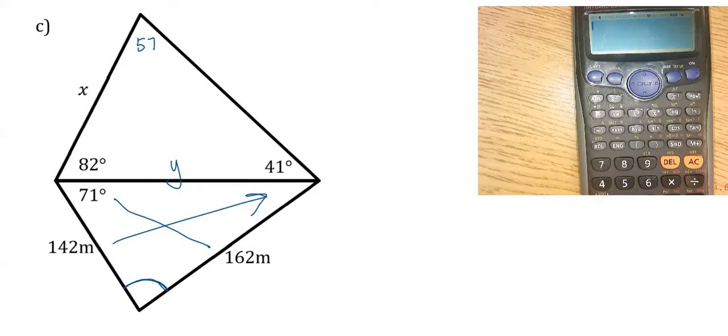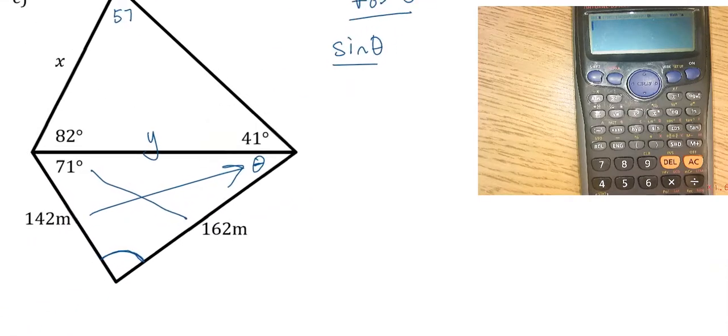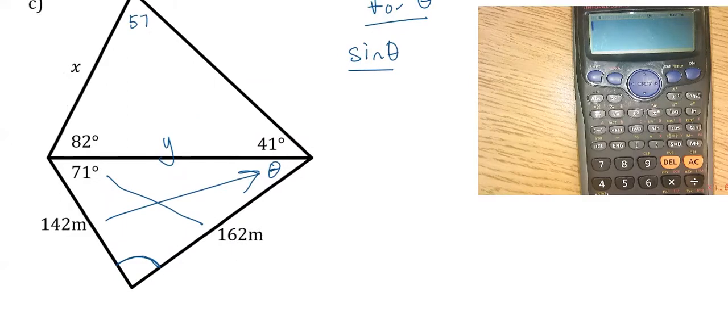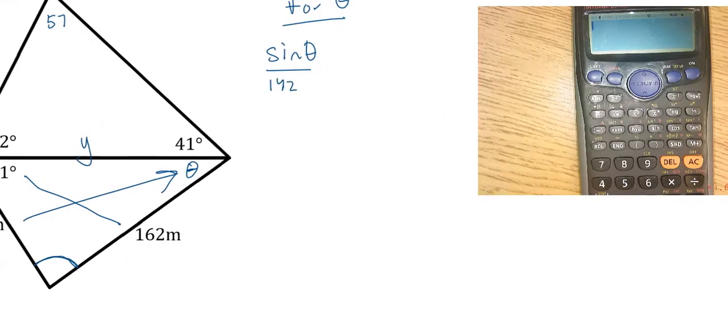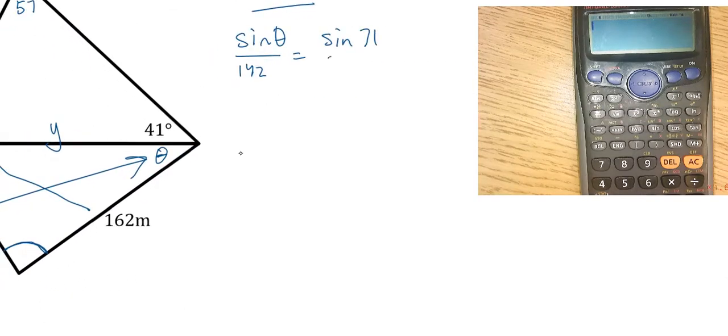So we'll use sine law, and I'm going to call this theta. So 4 over sine theta. I'm looking for an angle. It's always sine of the angle, so I'm going to put that on top and go across, and I find 142 there. So 142 equals, and again, keep the angles on top. So sine of the angle, which is 71, over 162.